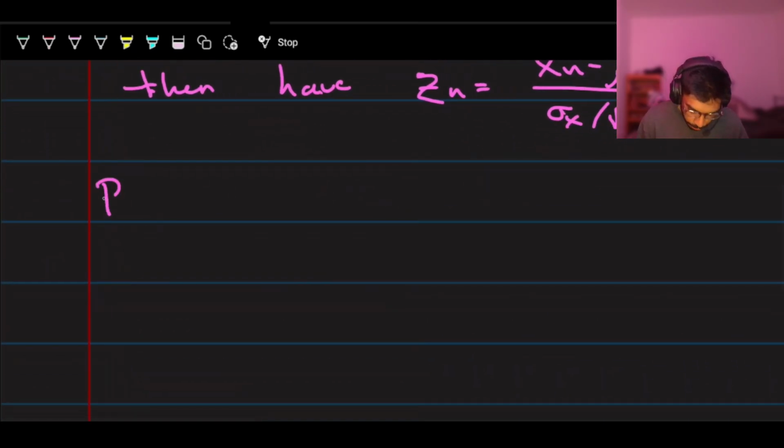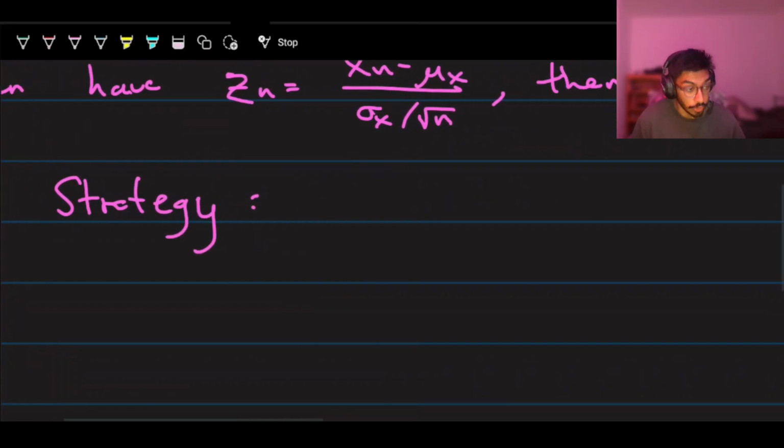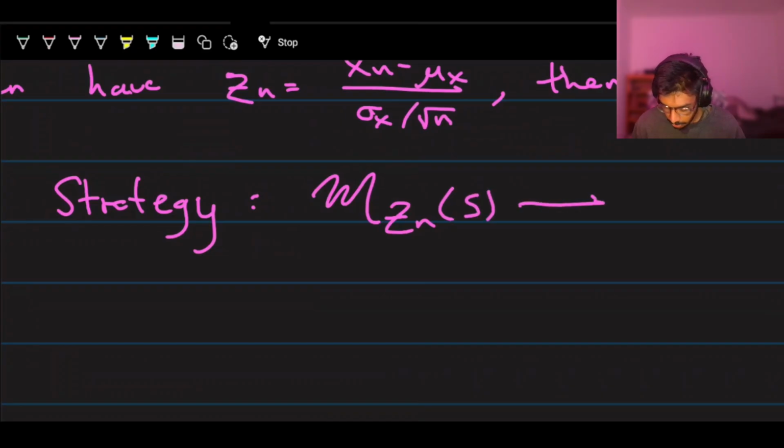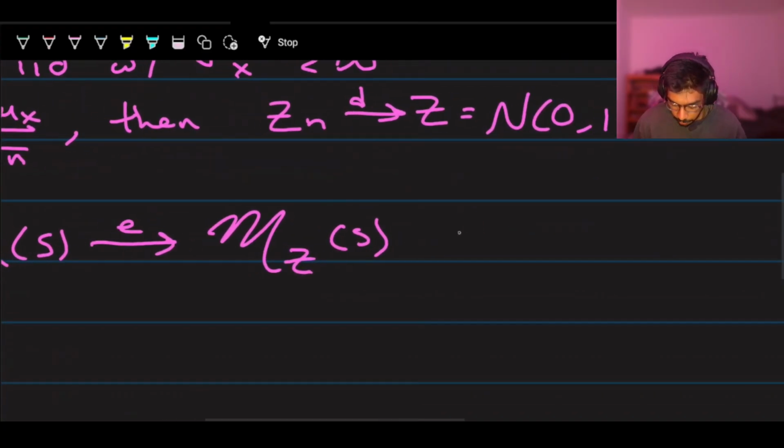To prove this, we will take a strategy of first showing pointwise convergence of the moment generating function of Zn to the moment generating function of Z, and then we'll apply Levy's continuity theorem.